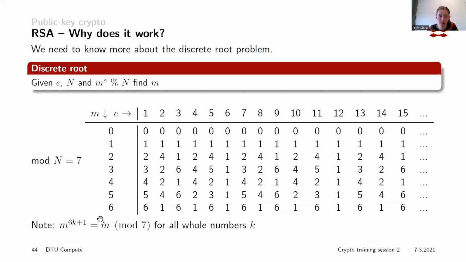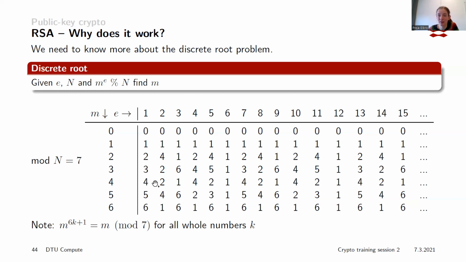And actually the next column is the one that we're going to be using, because in the next column here, we just have m. Because remember, this column here is just the previous column multiplied by m. So m to the power of 6 times something plus 1 is going to give us m again, because m to the power of 6 times something without the plus 1 is just 1.